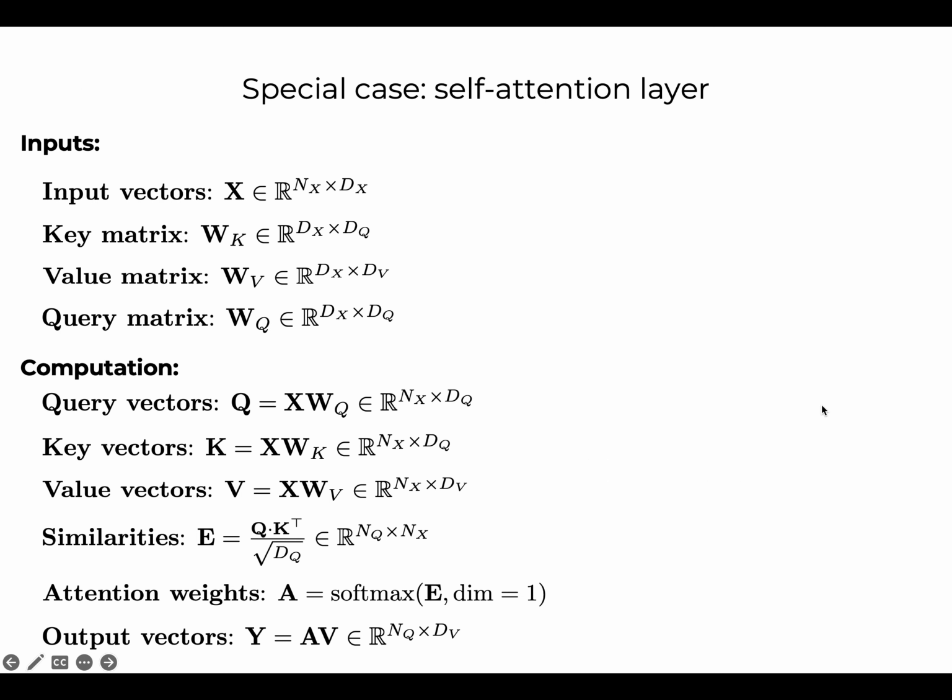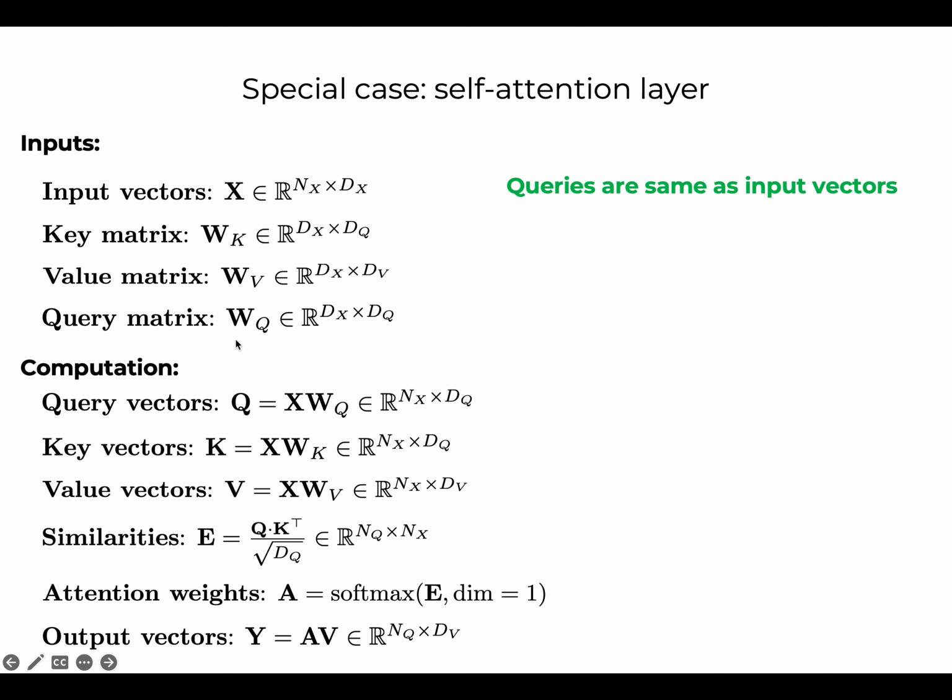Now there's a few special cases and additional details that need mentioning. So one special case is called self-attention, where the input vectors are the same as the queries. So we no longer have any input queries, we've only got input x.